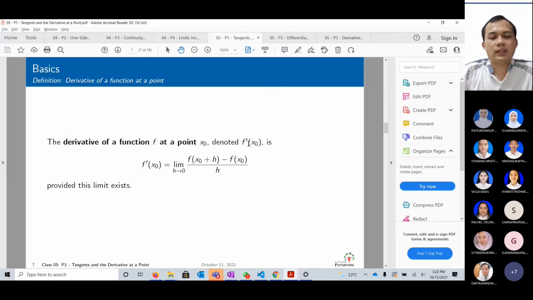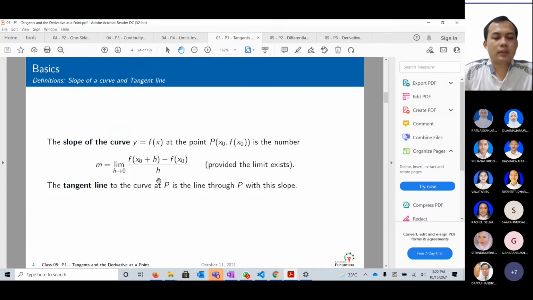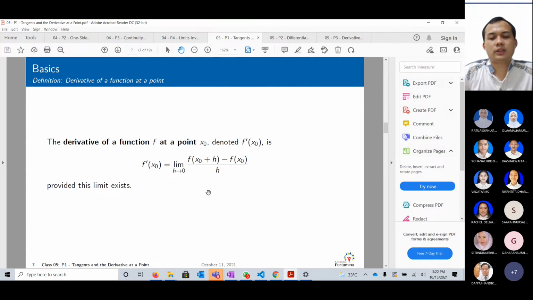Jadi, f accent di titik x0 adalah limit ini. Notice that the form of the limit here and here, they are actually the same. So basically, first derivative is actually slope. Jadi turunan pertama adalah kemiringan. Ya, turunan pertama adalah gradien, yaitu kemiringan.